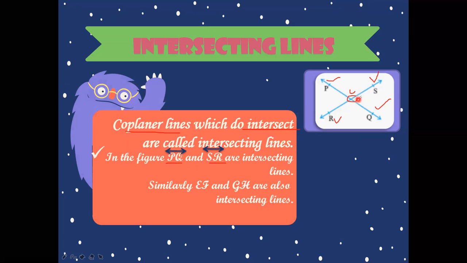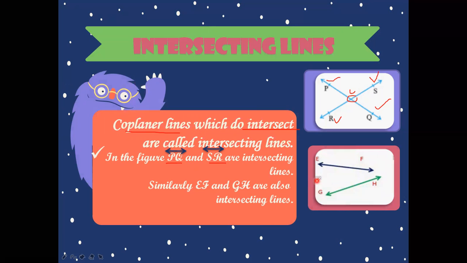Now let's consider this one. Please tell me, are these parallel lines or intersecting lines? As you can see here, the distance between the two lines is not the same, and if you extend these lines further, they will intersect each other at one point. So what does it mean?